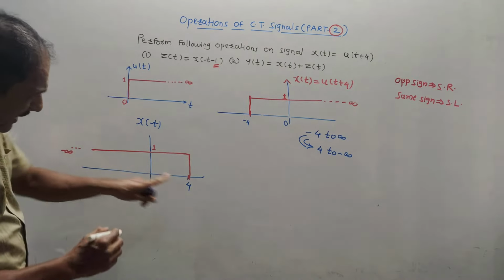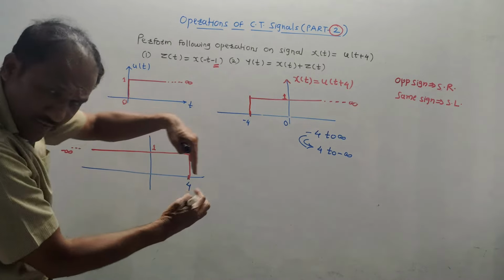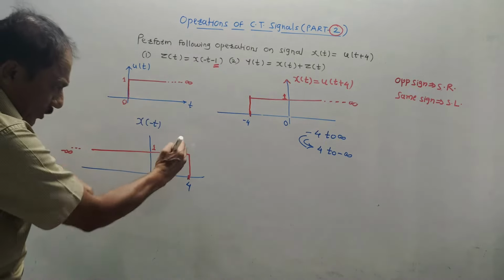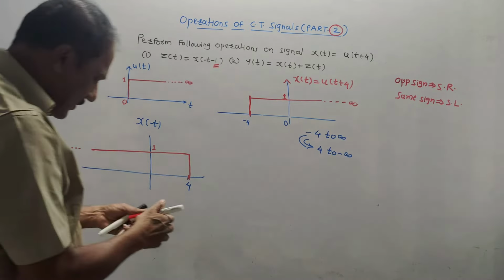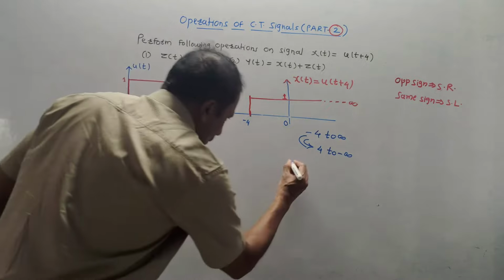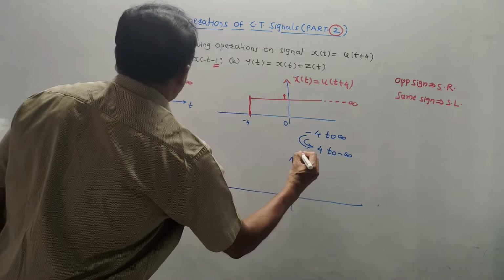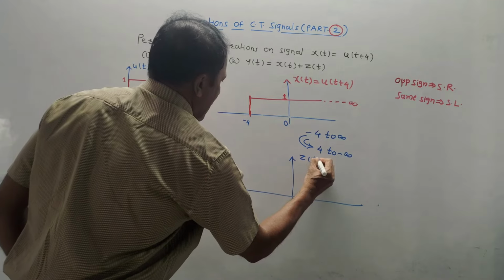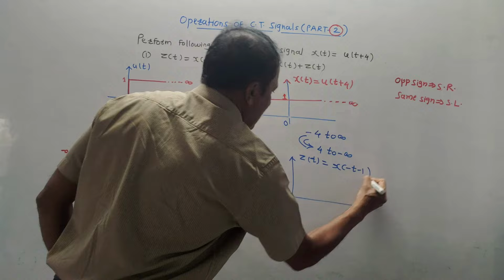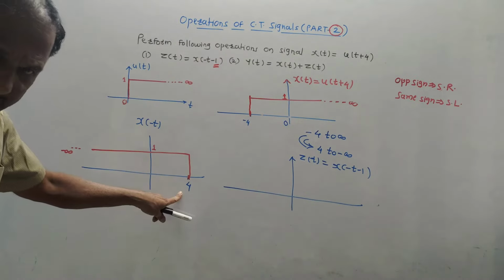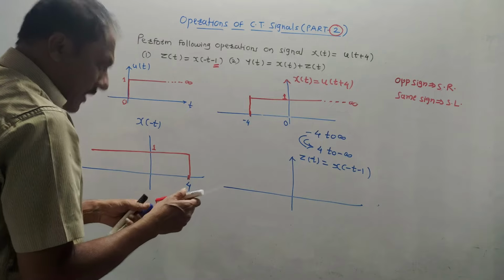This diagram is from minus infinity to 4. Rather, it is till 4. If I will shift it towards left, it will be till 3, because minus infinity will remain as it is. So if we want to draw the new diagram, then new diagram of this thing z of t, which is x of minus t minus 1 will be, since it is diagram till 4, I have to shift it towards left by one position.